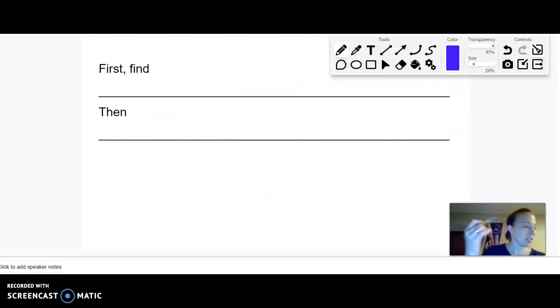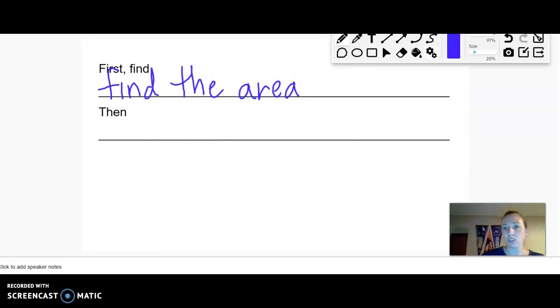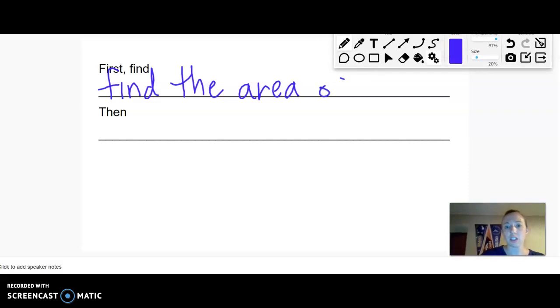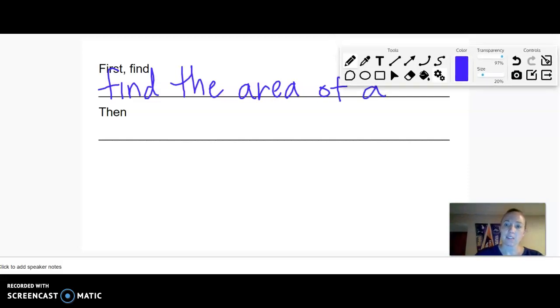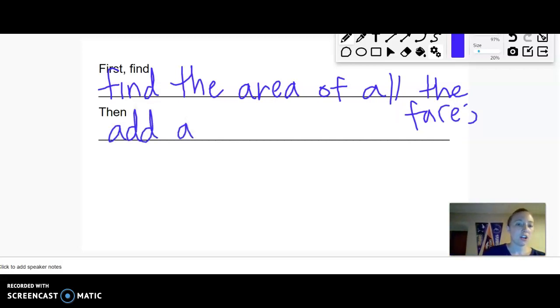First, to find the surface area, we need to find the area of all the faces. So just like we find the area of shapes before, like triangles and rectangles, all the faces, and then we add all the areas together.